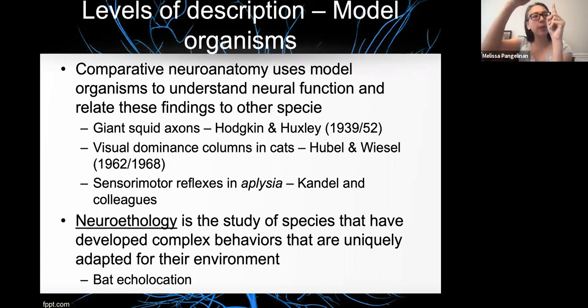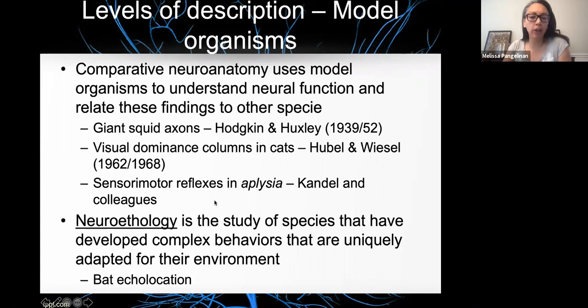What they did was stimulate the siphon, which would cause a sensory motor retraction in response. Over time, they showed that even this simple organism, this sea slug, was able to learn to pair a particular kind of stimulus to a specific kind of response. Okay, so those are some examples of model organisms for comparative neuroanatomy.